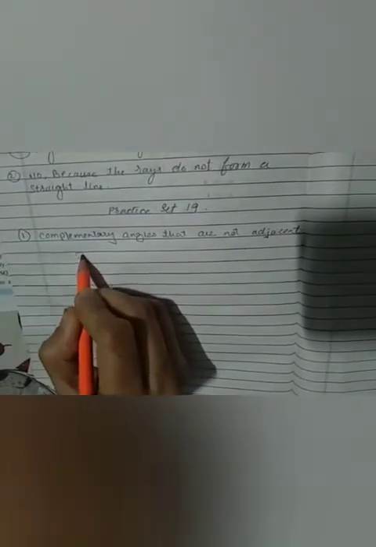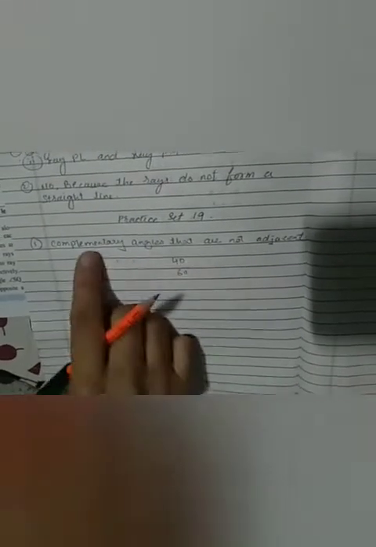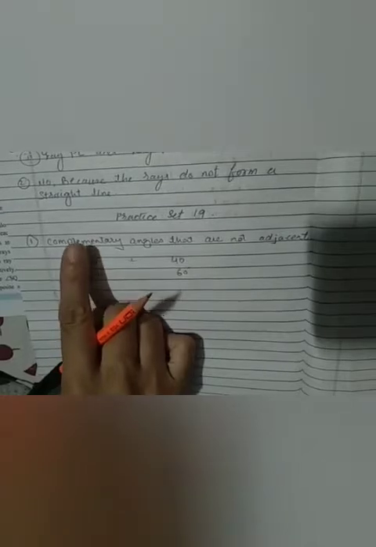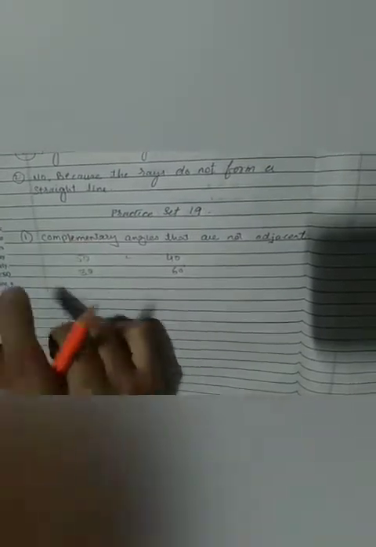If you take 50, then the other angle you have to take is 40. So 50 plus 40 is 90. If you are taking a 30 degree angle, then the next angle you have to take is 60 degrees. Understood? The measures of the two angles should sum to 90 degrees. That will be a complementary angle.